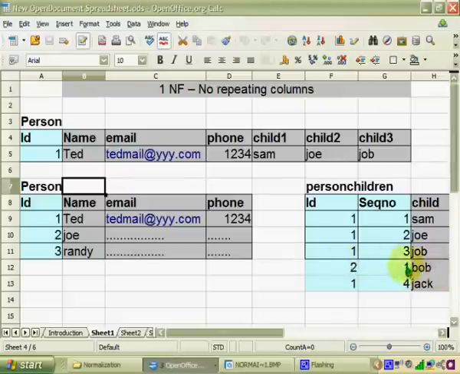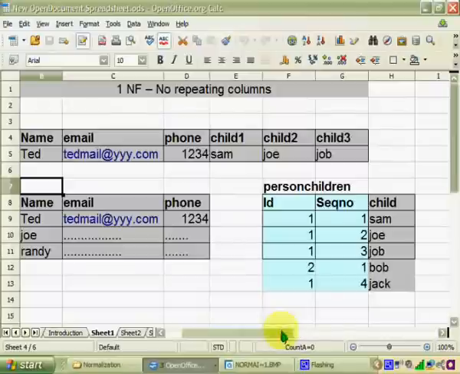The sequence number is 1, and the child name is Bob. And then we stored the information about Randy, and Randy has no children, so we don't have to put any of Randy's information in this table. And later on Ted got another child, Jack, so we were able to store the 4th child, Jack, without any problems. So this is an alternative design.